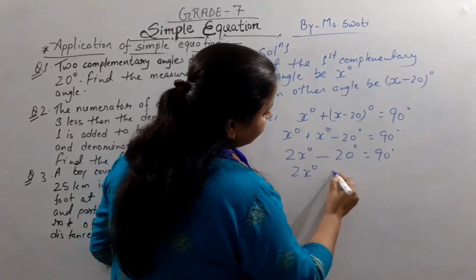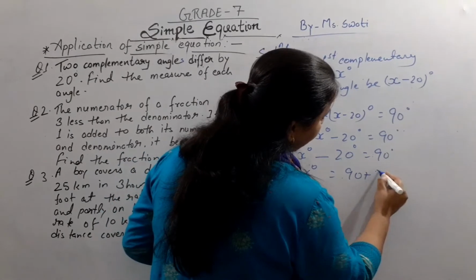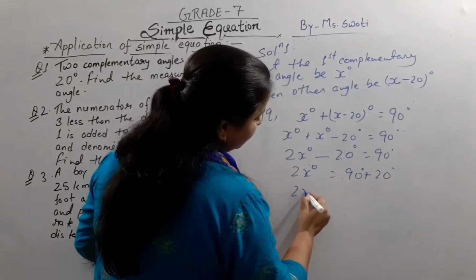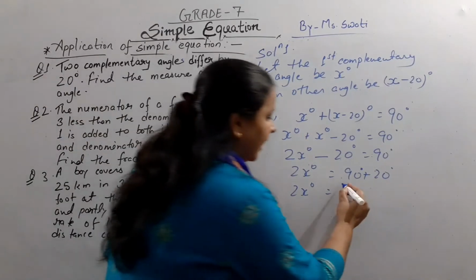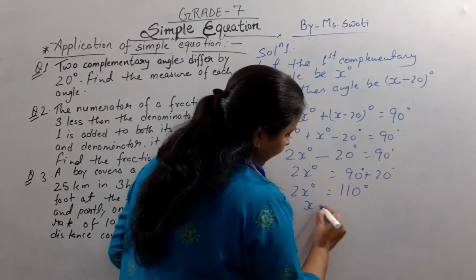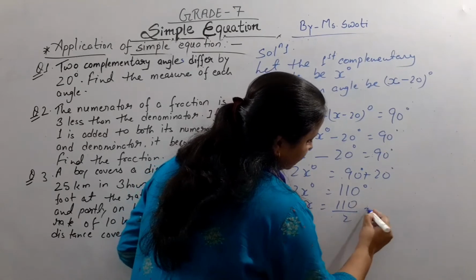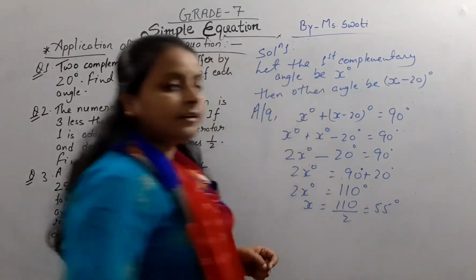Now 2x is equal to 90 plus 20. 2x is equal to 90 plus 20, we get 110, and x is equal to 110 by 2, that is 55 degrees.